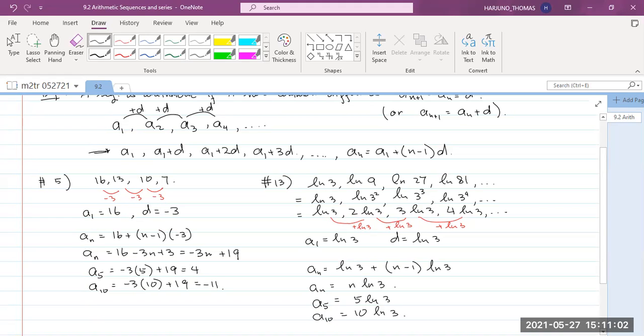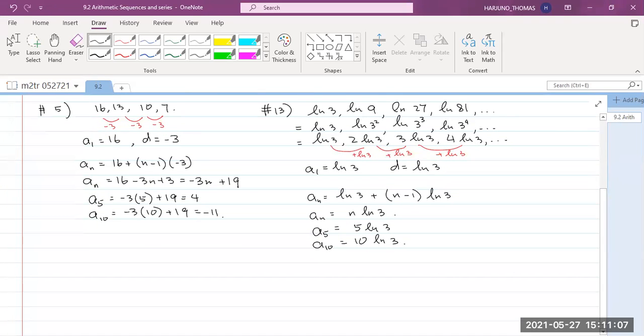Now let's see number 19. Where's my pointer? Okay, number 19. The given is that the sixth term is 2.7.